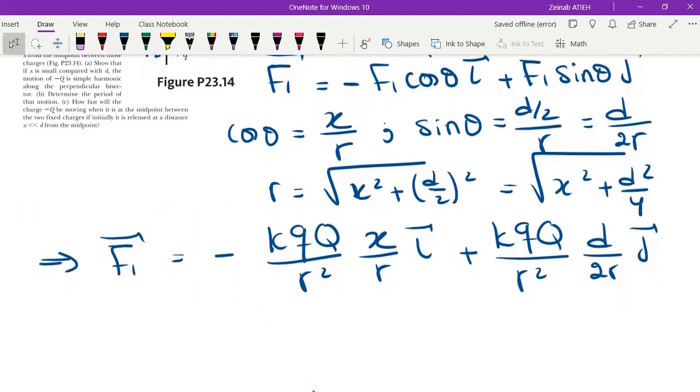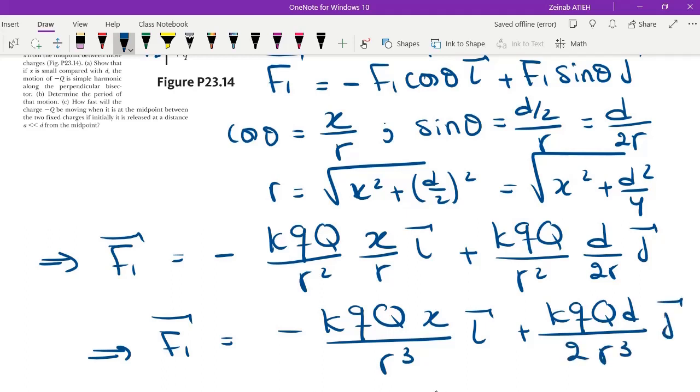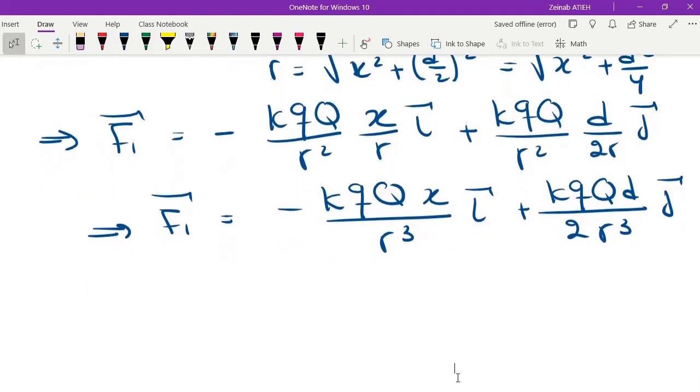I can keep it this way, it's okay. So f1 equals minus kq x over r cubed i plus kq d over 2r cubed j. So I can substitute the r of course by its value, which is x squared plus d squared over 4 to the power half. Okay, I can substitute it this way. Now I won't substitute it, I will leave it for the end, just so the form doesn't look too big.